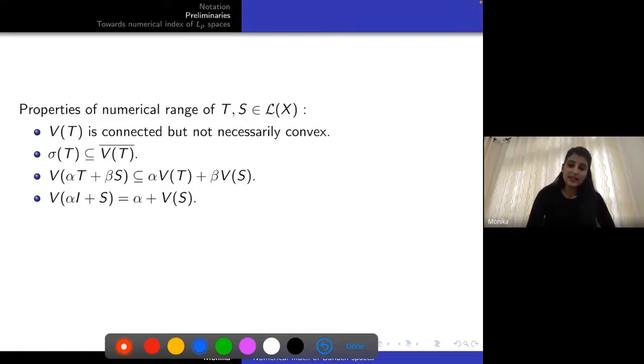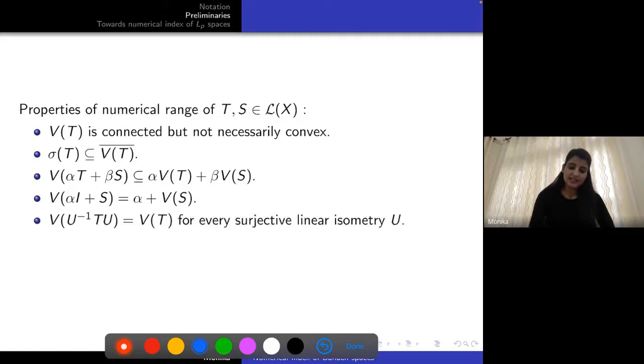The numerical range is invariant when we multiply on the right-hand side by a surjective linear isometry and on the left-hand side by its inverse, which means V(U inverse TU) is V(T) when U is a surjective linear isometry.